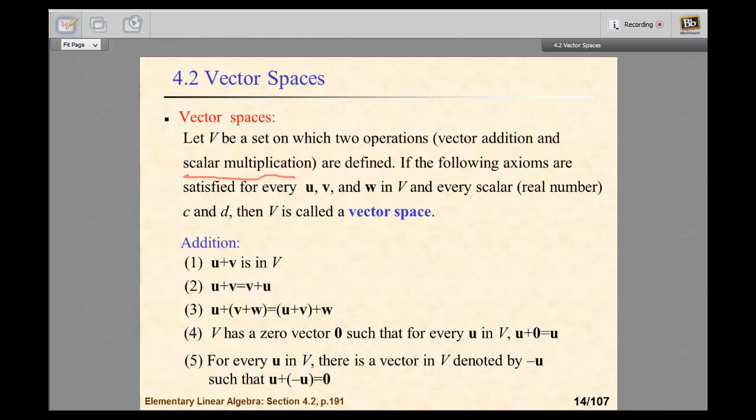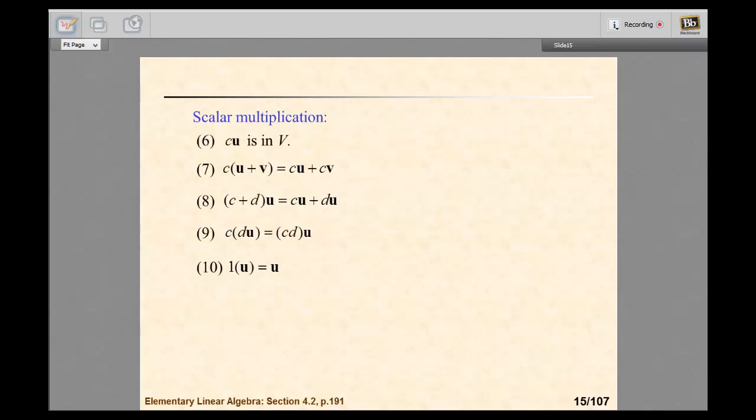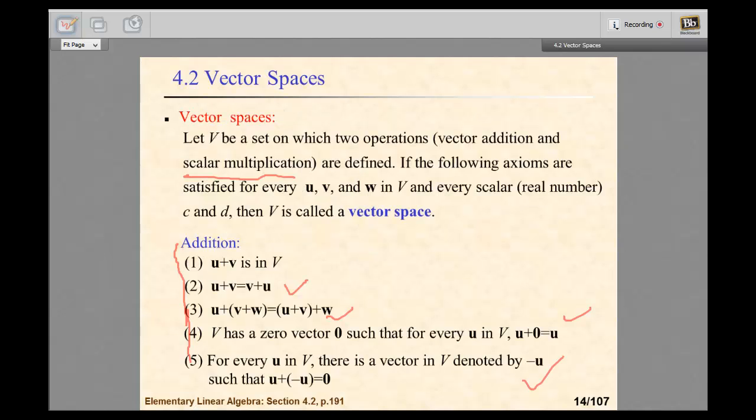So it says that whenever we satisfy all these properties, namely addition, commutative law holds, associative law holds, existence of identity, existence of inverse, these 10 properties hold. These are the multiplication properties as well. Whenever these 10 properties hold, we say that it is a vector space. So these 10 properties we have to remember.